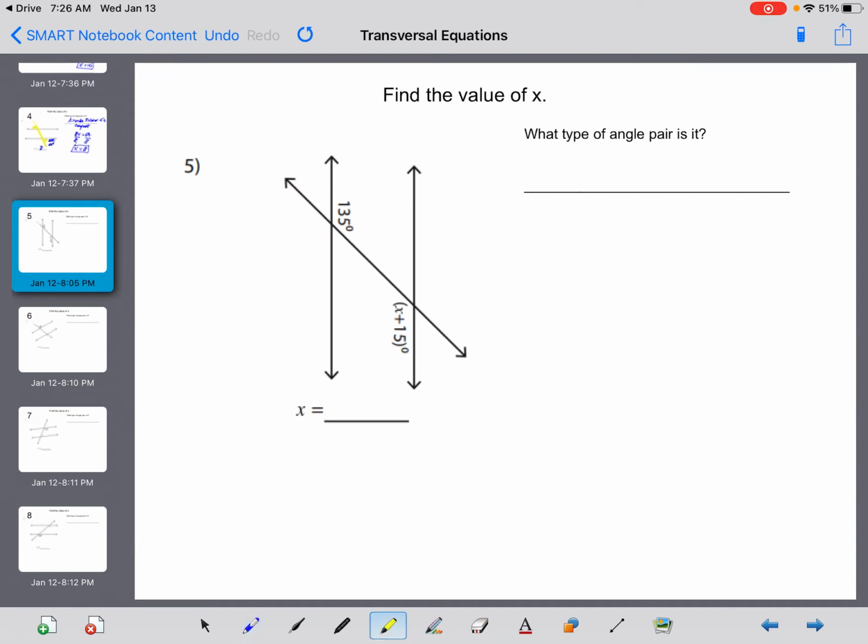All right. Here you have 135 degrees and x plus 15. And again, they're interior angles on alternate sides of the transversal. These are alternate interior angles, which are congruent.